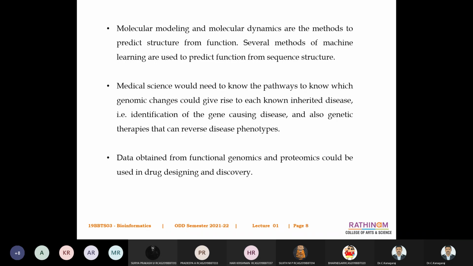Then molecular modeling and the methods to predict the structure from function. Several methods of machine learning are used to predict the function from the sequence structure.